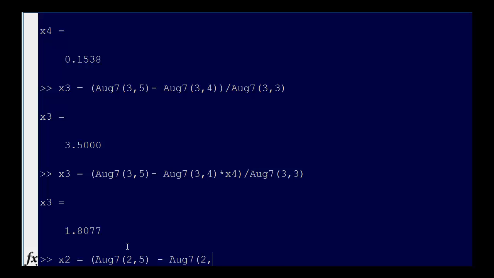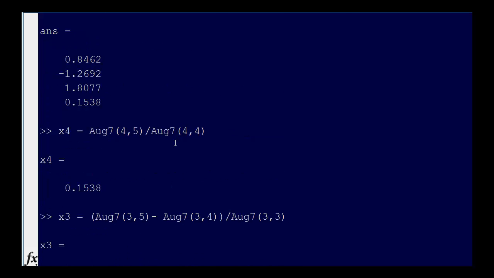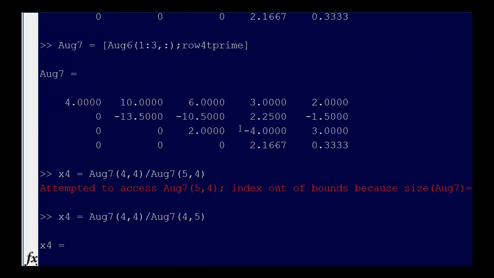Sorry, let's look at this matrix. So we want to do this entry, right? We're figuring out x2.